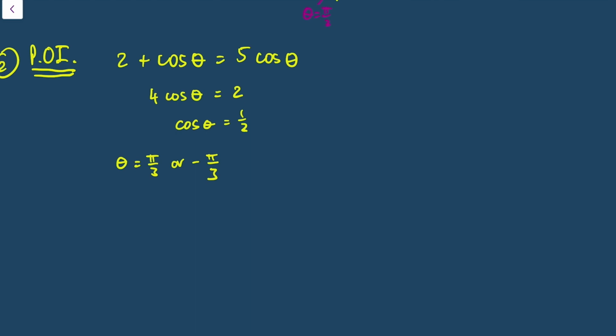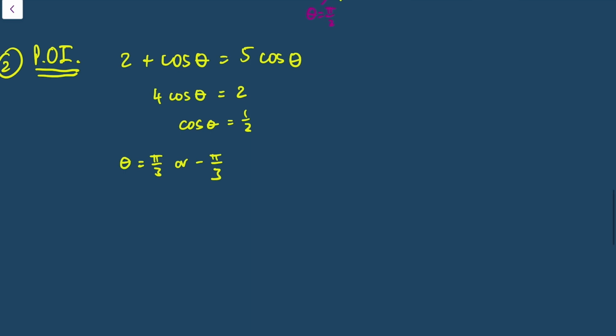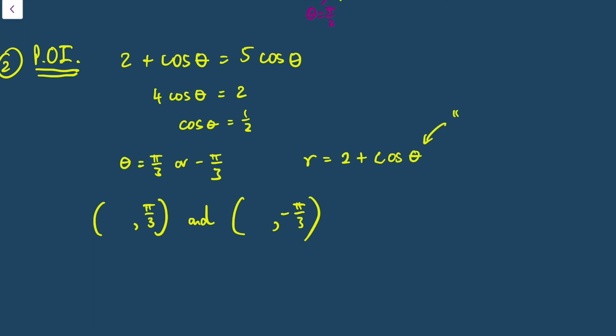I then go and sub this in to find my R value, because I'm asked for my points of intersection. So I need an R value there for pi by 3, and I need an R value there for minus pi by 3. We know that R is equal to 2 plus cos of theta. So when I sub in pi by 3 and minus pi by 3, well, I get the same value, a half. I know that from here.